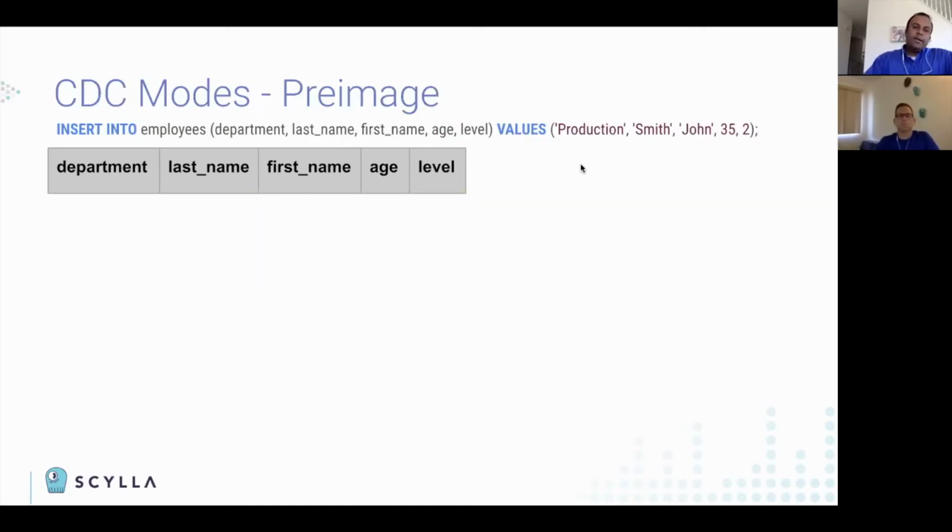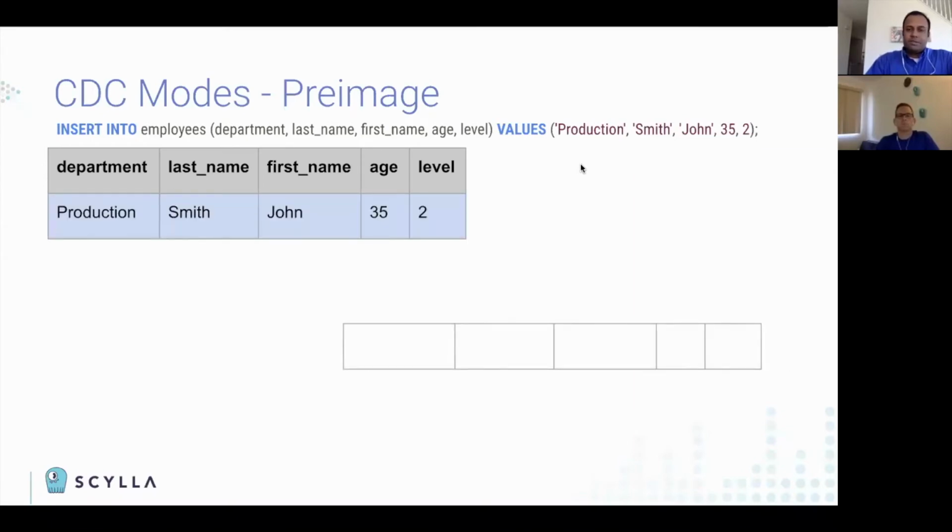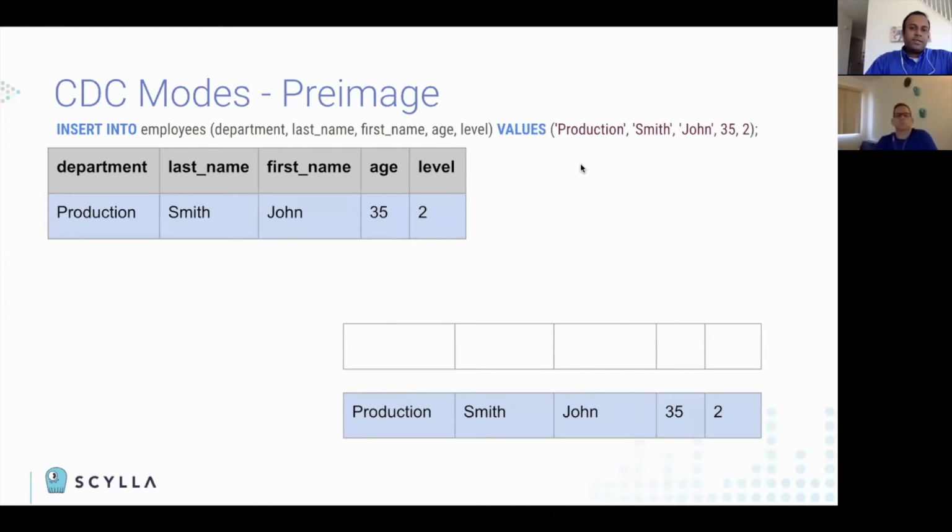Let's say now you're running CDC in pre-image mode, and then you insert John Smith, age 35, level 2. So since you're subscribed to the pre-image, you just get an empty record, a null record. But if you're subscribed to the delta as well, then you get John Smith, the production department, age 35, level 2 as well.